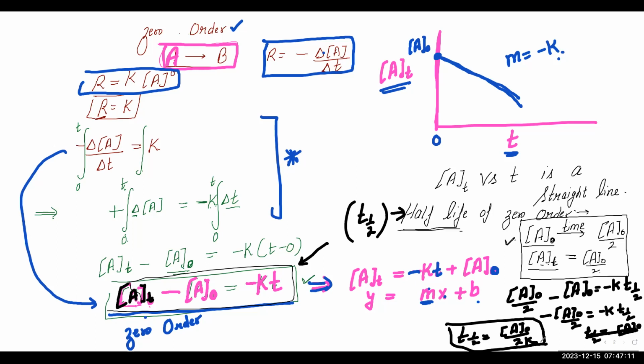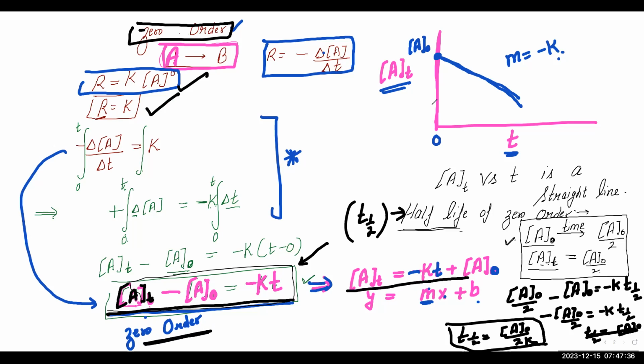This is the half-life of zero order kinetics. Everything, whatever I'm doing here is for zero order kinetics. So I discussed with you the average rate law, the differential rate law, the normal rate law, then integrated, then we derive this integrated rate law for zero order, rearranged it, made the graph for zero order.